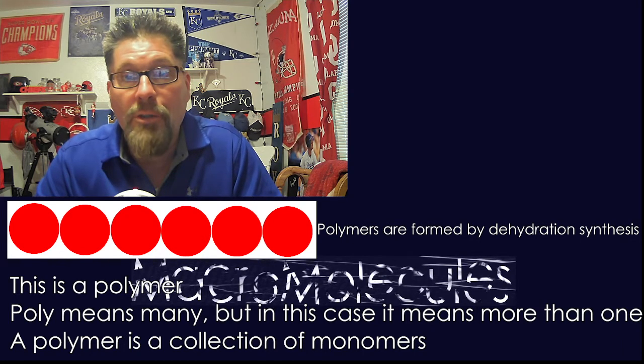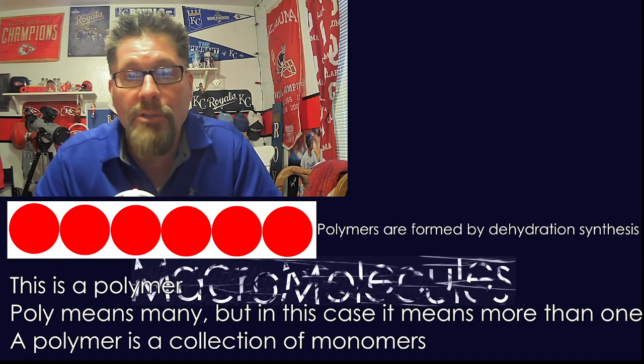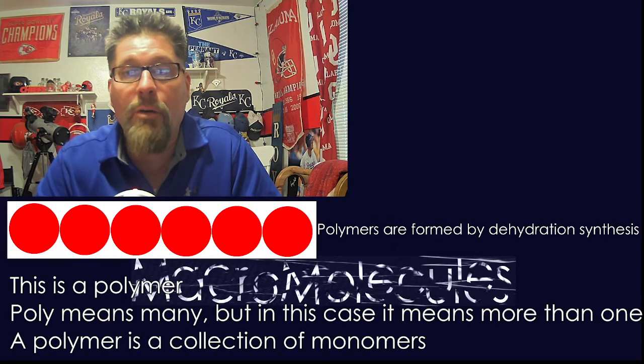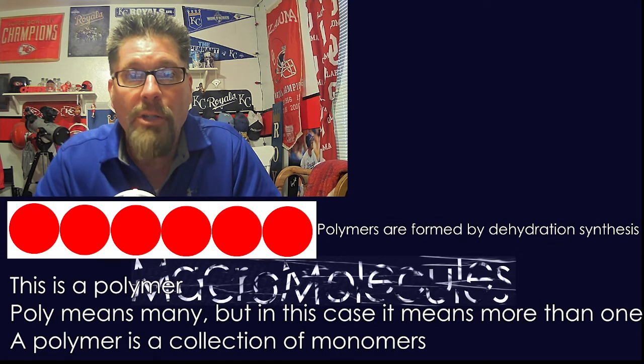The thing to remember is that polymers, or macromolecules, are built by dehydration synthesis. That's a concept that we just talked about in our first video. Again, dehydration synthesis is the idea of two monomers, each with those OH attachment points, those trailer hitches, that will come together.